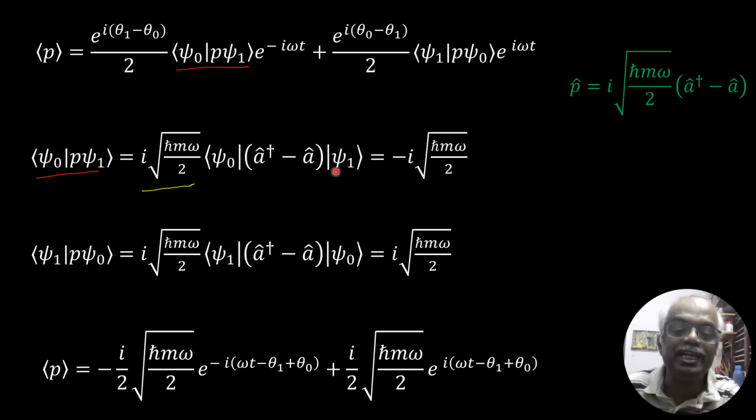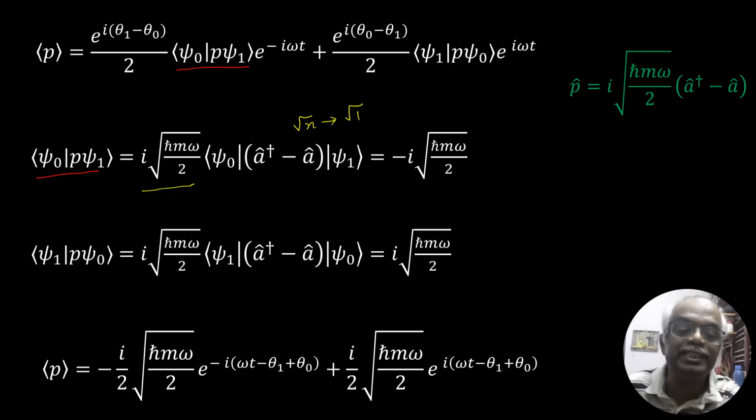When a dagger acts on psi 1, the ket vector, it raises the state, giving the expansion coefficient square root of n. Here n is 1, so square root of 1 is 1, don't worry about it.